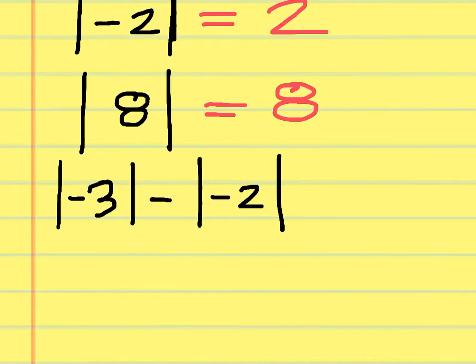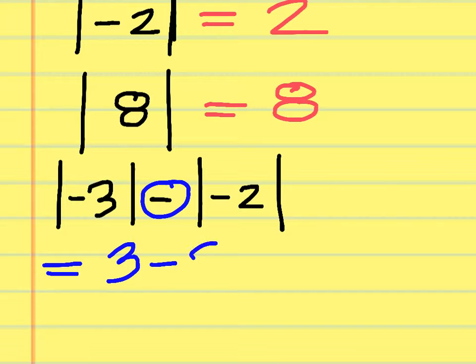And down here at the bottom you have an absolute value expression that you have to evaluate. What is the absolute value of negative 3? Positive 3, yeah. Then you have a minus sign, and then you have the absolute value of negative 2. What is the absolute value of negative 2? 2. And then simplify the final expression.